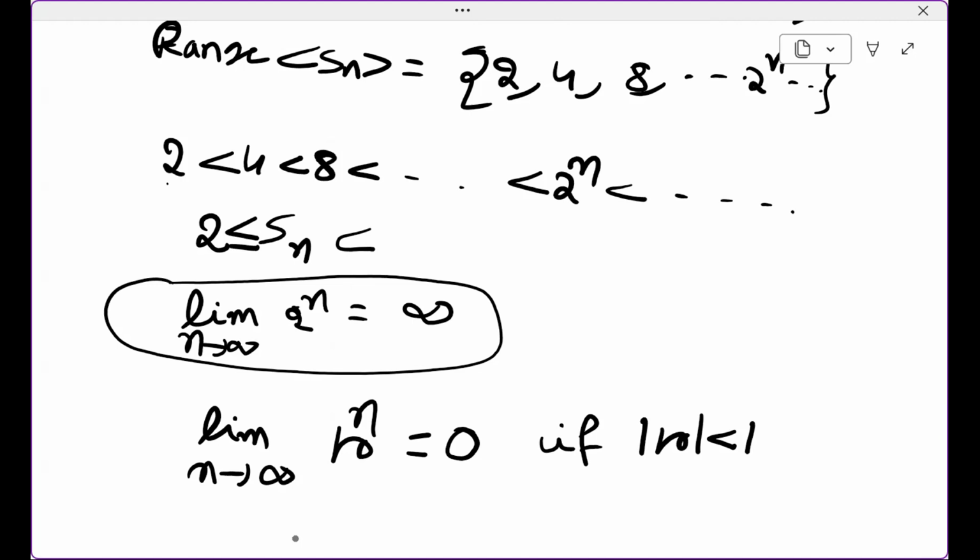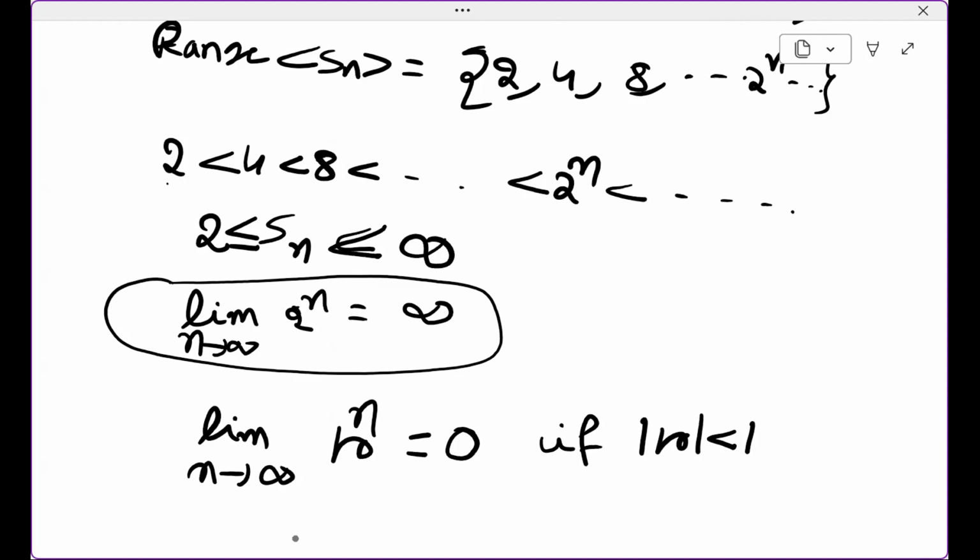So that limit is 0. If mod r is greater than 1, it will be infinity. For example, 3 power n, limit as n tends to infinity, is infinity. So it is infinity.